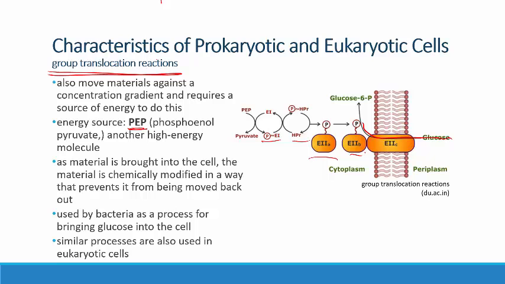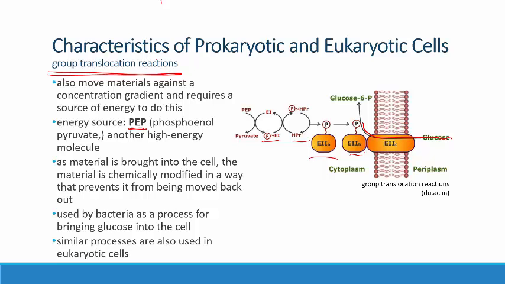So we turn it into glucose 6-phosphate, where we add a phosphate group to the glucose molecule, and now it's a material that is actually different than glucose. It's a new molecule that cannot be transported back outside the cell. And then the glucose is later used as we pull off that phosphate group. Then it's converted back to glucose and can be used to make ATP.